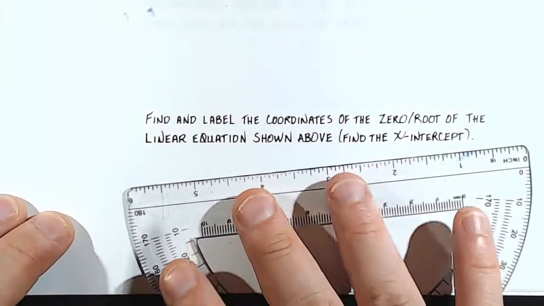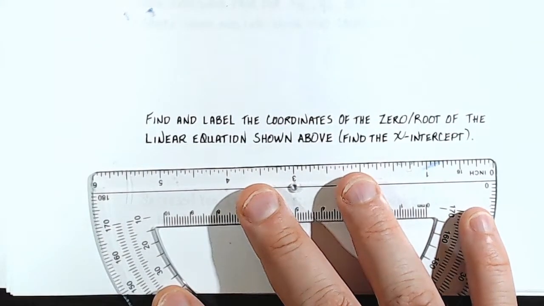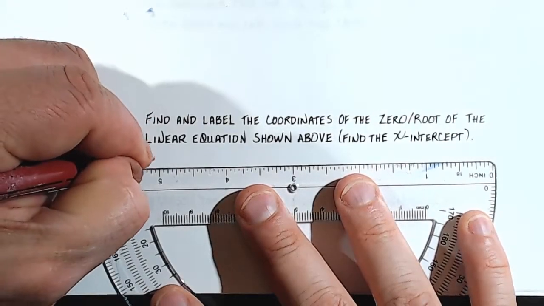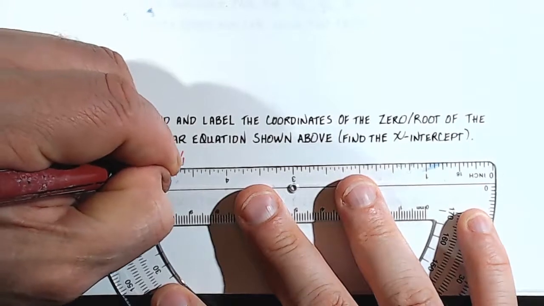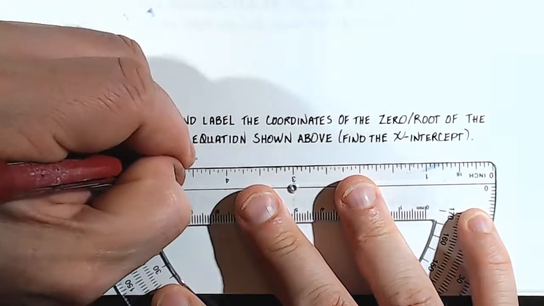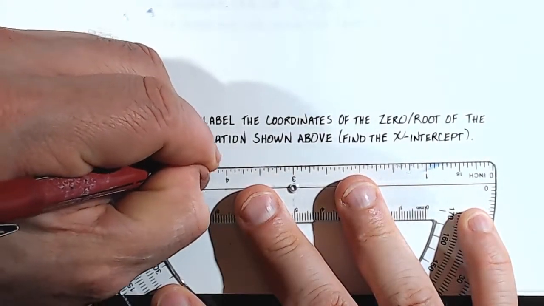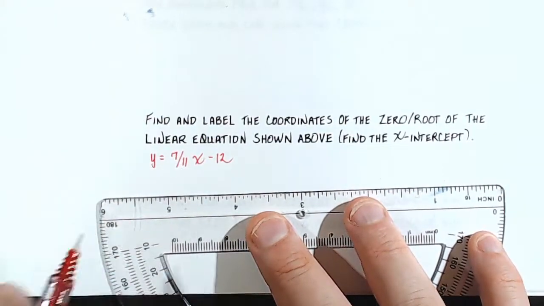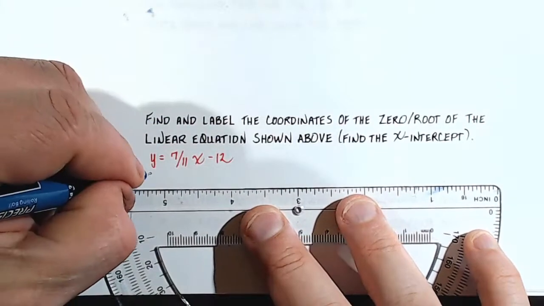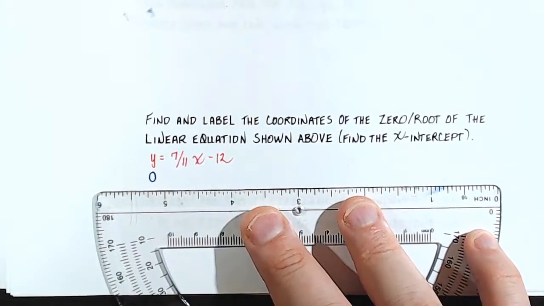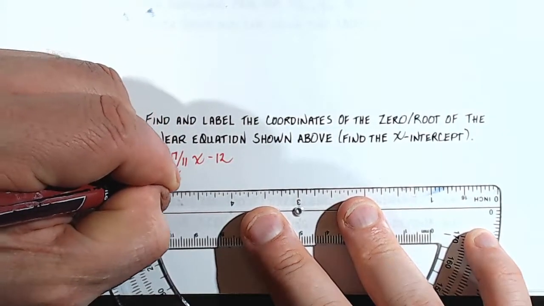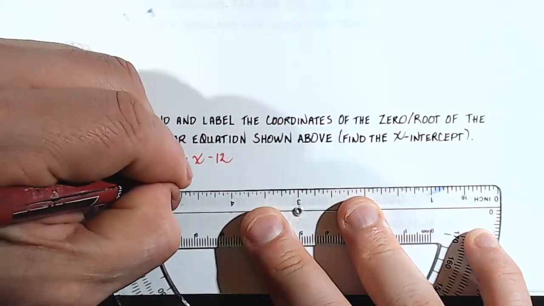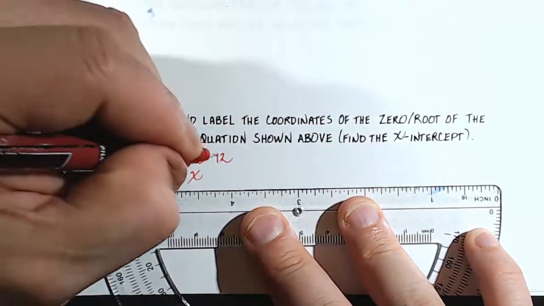So what I need to do is rewrite my equation. Y equals 7 over 11 x minus 12. Remember, I'm going to set y equal to 0. Okay, and then just rewrite the rest. 0 equals 7 over 11 x minus 12.